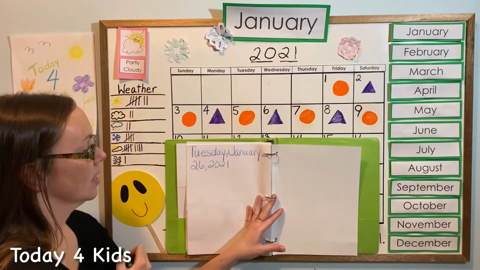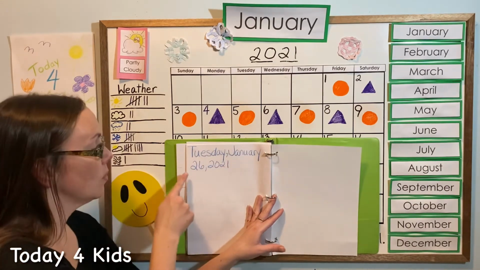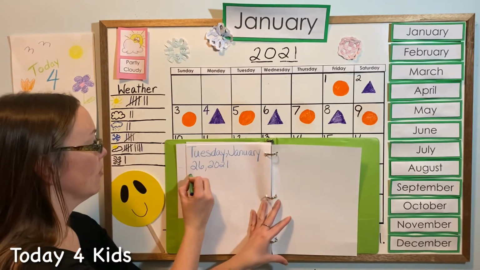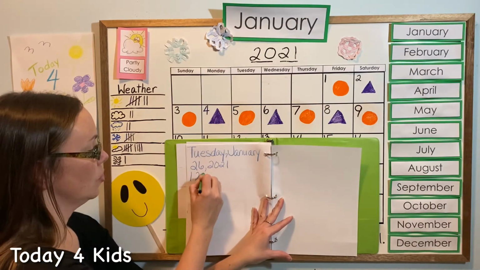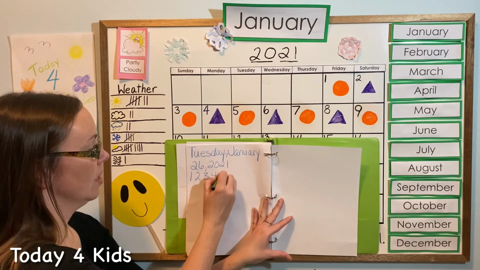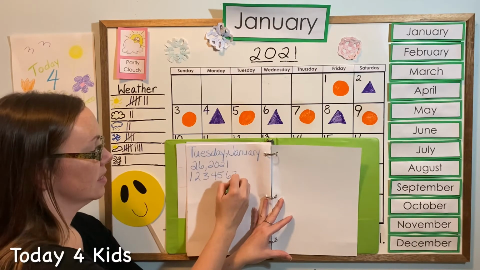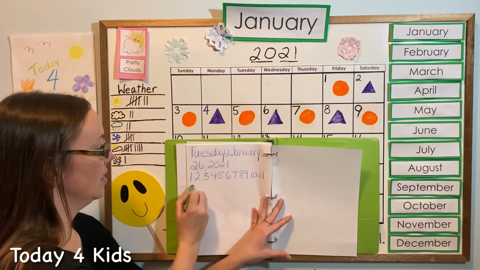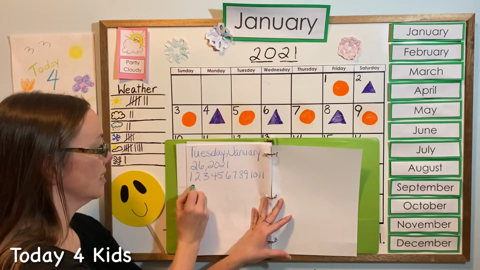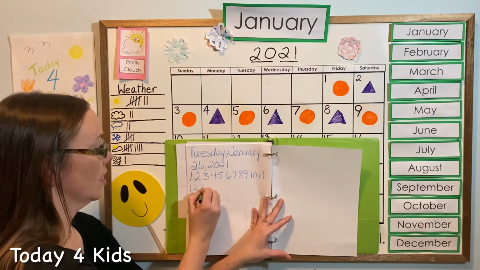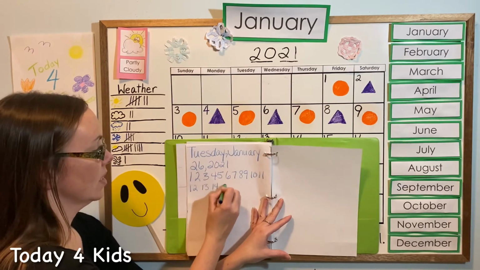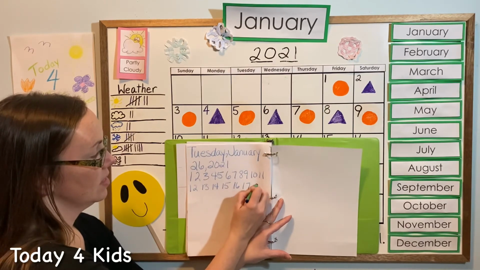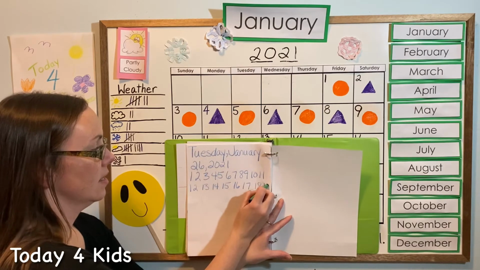2021. And I'm going to practice making my numbers all the way up to 26 because I want to get really good at making my numbers. So I'm going to practice them every day. 1, 2, 3, 4, 5, 6, 7, 8, 9, 10, 11, and I ran out of room, so I'm going to go down and come back to the beginning. 12, 13, 14, 15, 16, 17, 18, 19.